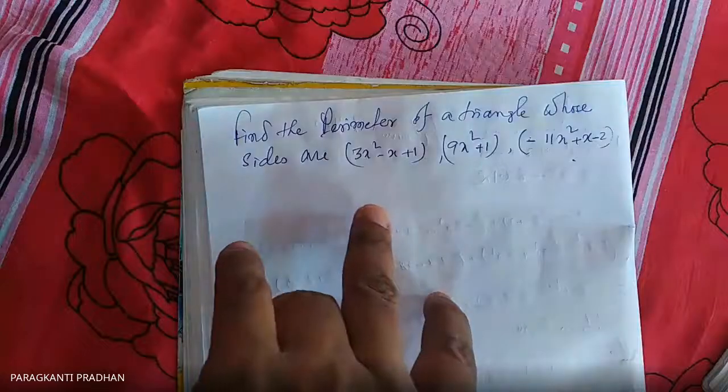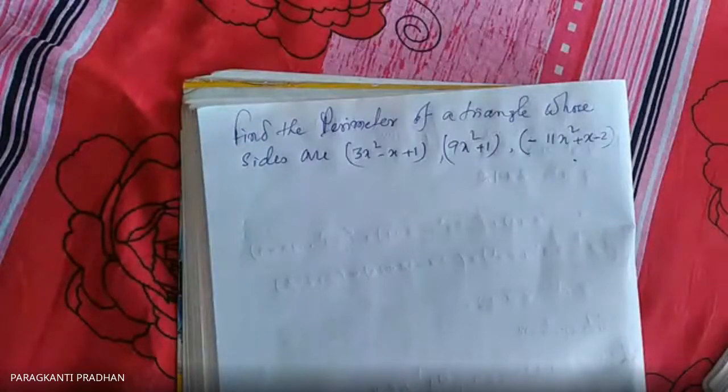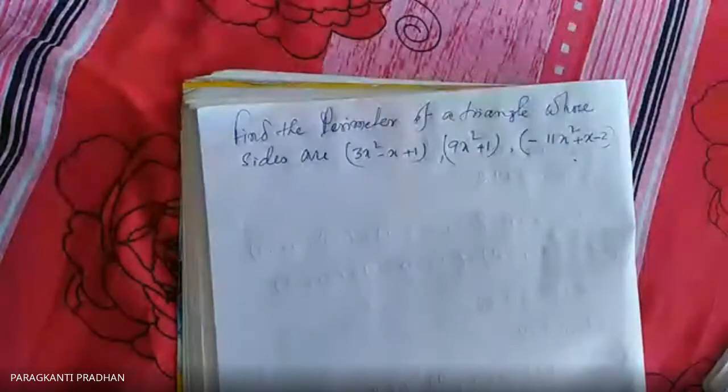Can you solve the problem? Only adding. Yes, sir, because we know that the perimeter means the sum of the sides in a triangle.